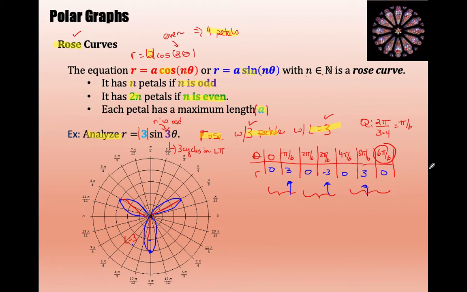And you don't need to make this chart to get that information. And when I ask you to graph it, what I'm looking for is for you to go to your calculator, verify that you've got the right descriptions, and then make sure that you have the basic shape with your length going out to the appropriate places, and that you have the placement of the petals.